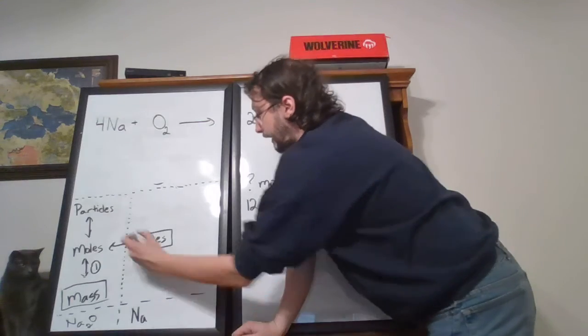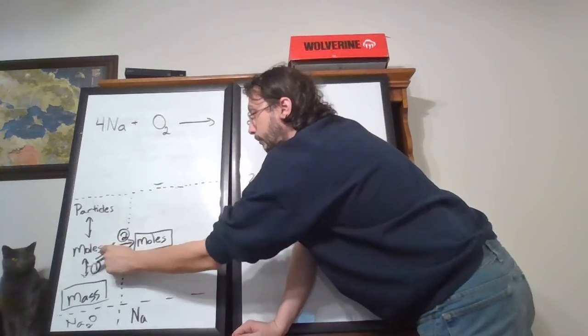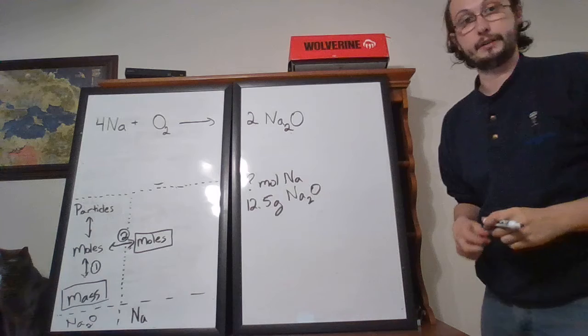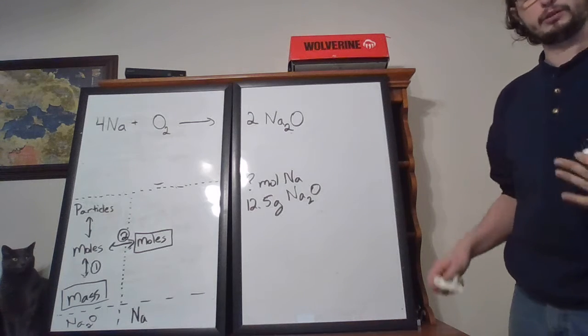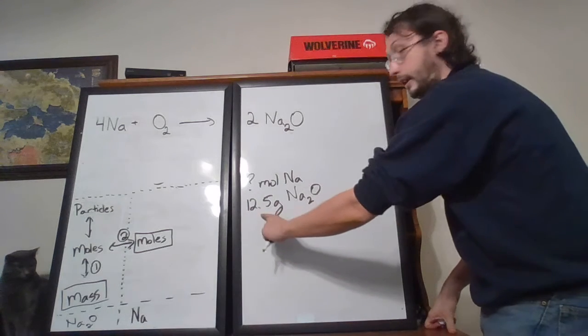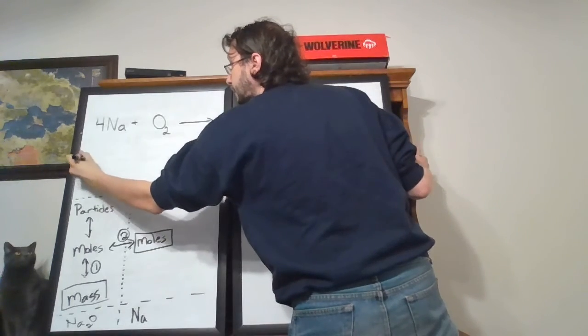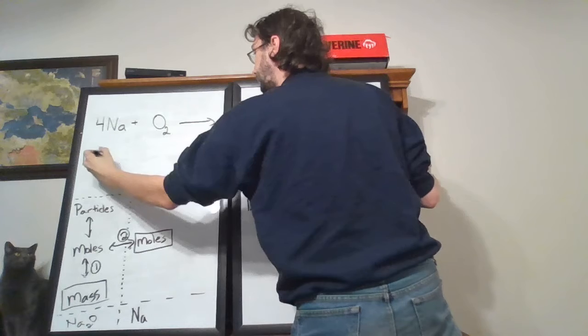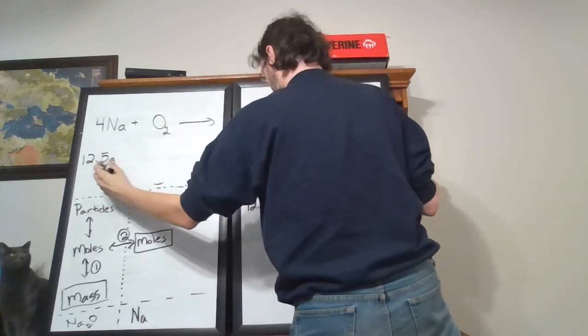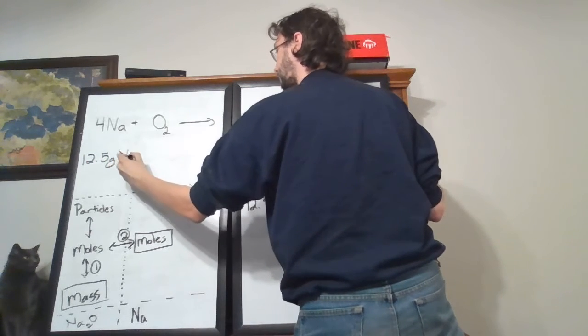And our second conversion factor is going to take us from moles of sodium oxide to moles of sodium. So let's actually write this problem out now. We know that we are starting with 12.5 grams of sodium oxide. So like all of the mixed practice problems we were doing and the problems we've done so far, we'll start by writing the value they gave us as the start of our problem.